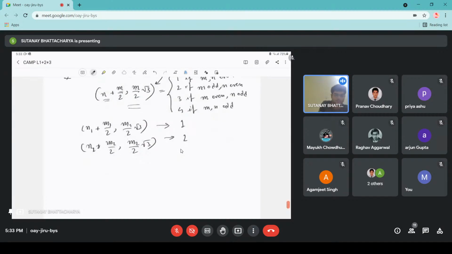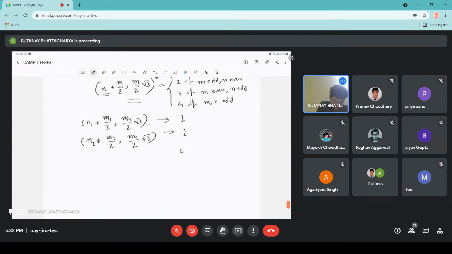Now what is the distance between these two? If you calculate, that gives you n1 minus n2 plus (m1 minus m2) by 2 whole squared plus (m1 minus m2) by 2 times root 3 whole squared, and the square root of that.